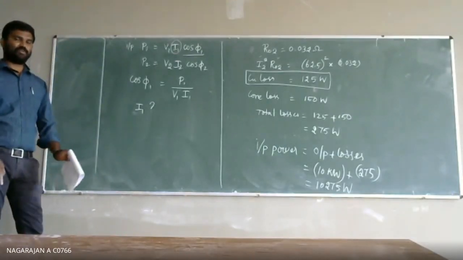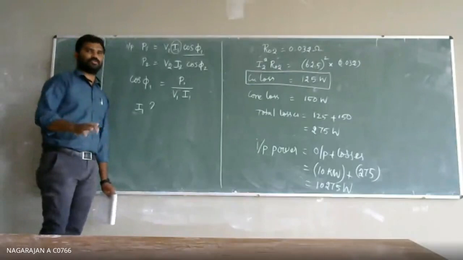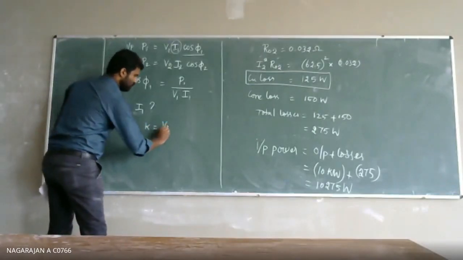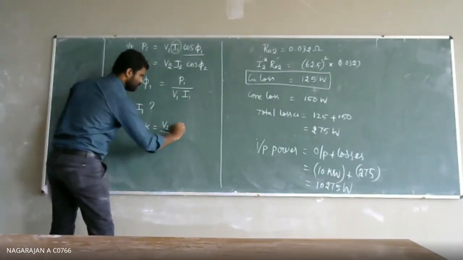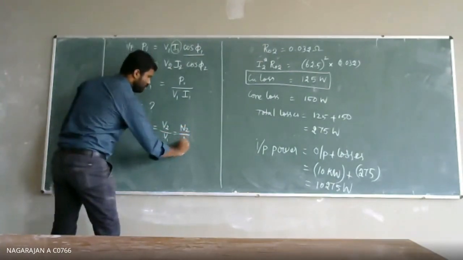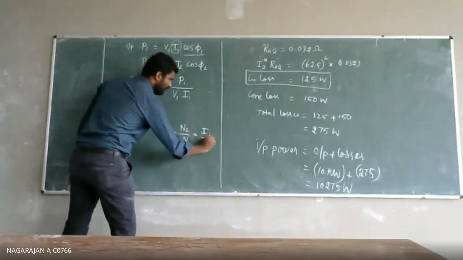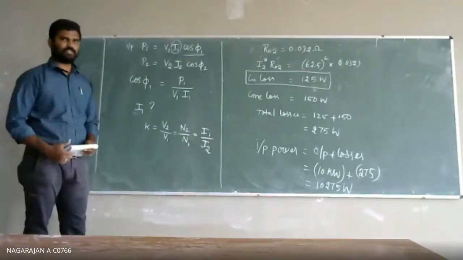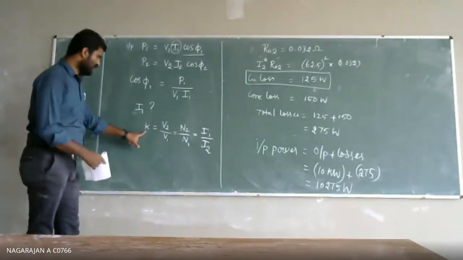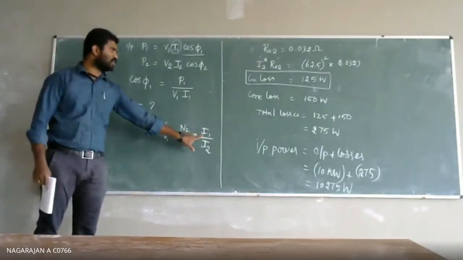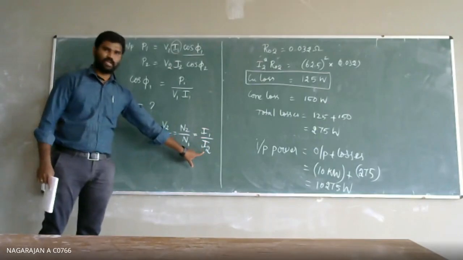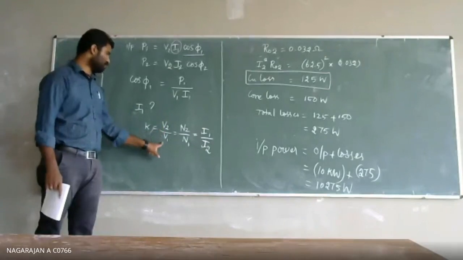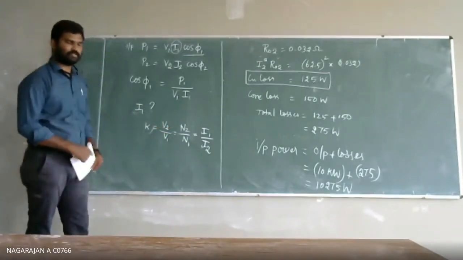For that we have to go for the transformation ratio. What is transformation ratio? K is equal to V2 by V1, N2 by N1, I1 by I2. If you know the K value, you can find out I1 because we have already found I2 value. But we don't know the K value, which can be calculated from this equation.